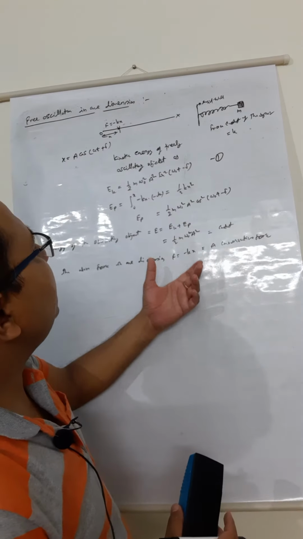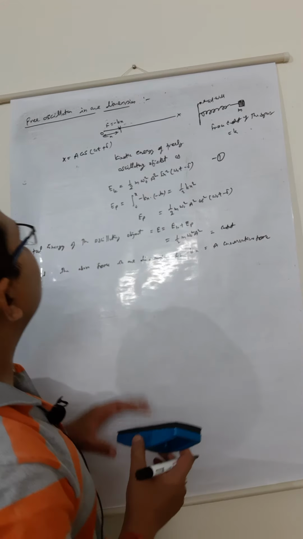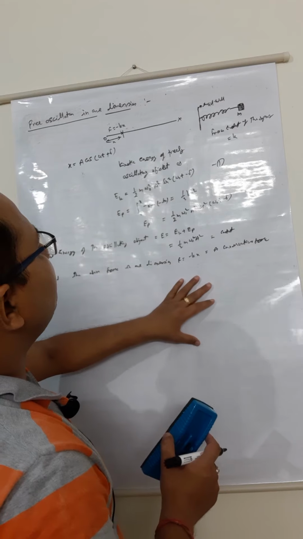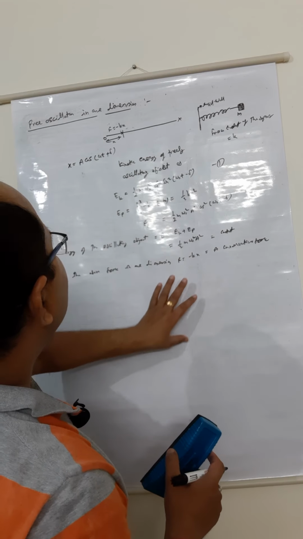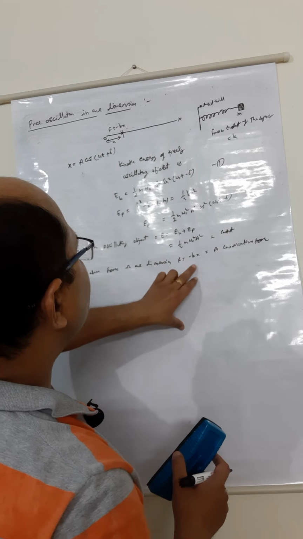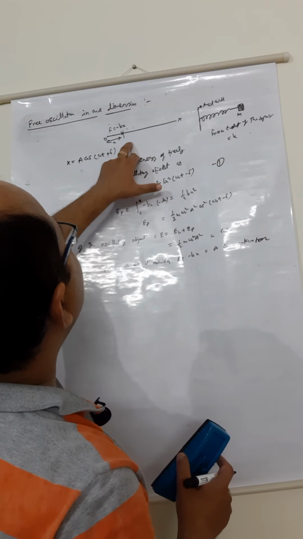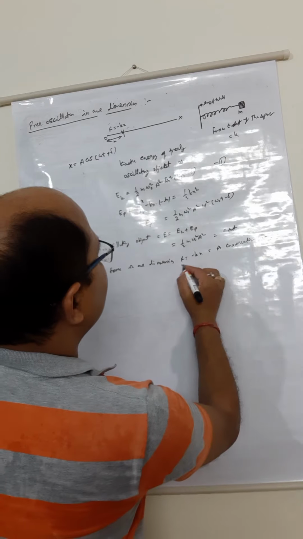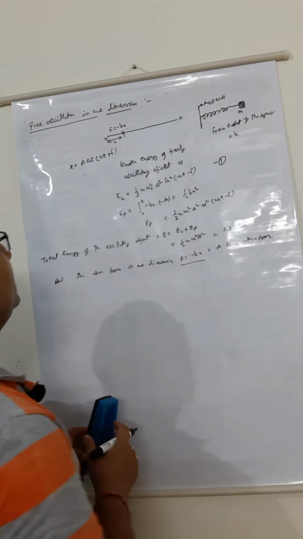Here, for the sake of convenience and to remind you of the concept of conservative force, I introduced it: the force in one dimension under the impact of which the body is oscillating is denoted by F equals minus kx, and that is a conservative force.